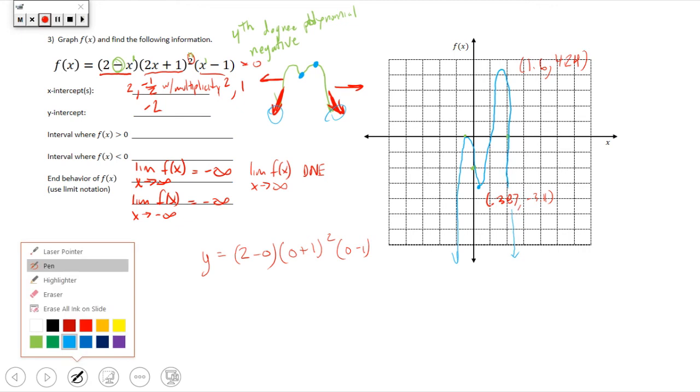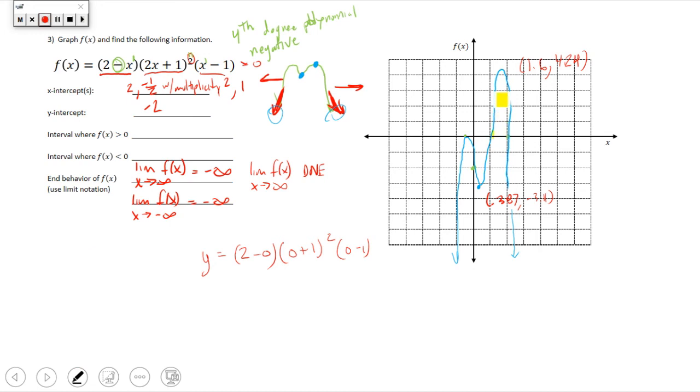We want to know what this interval here is. That's when f of x is positive. So f of x is positive from 1 to 2, and that's it.